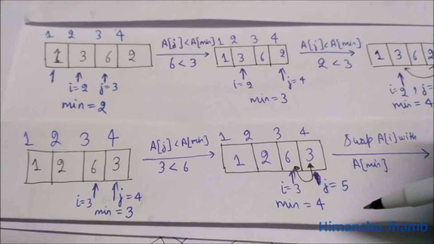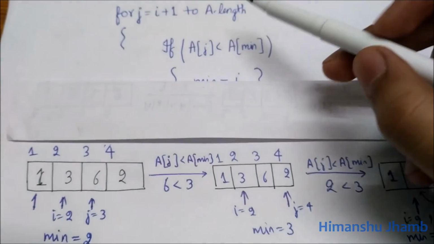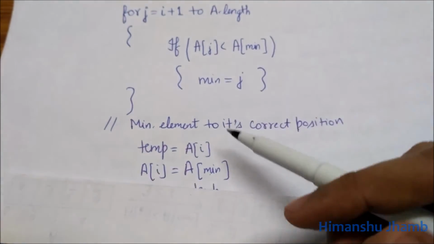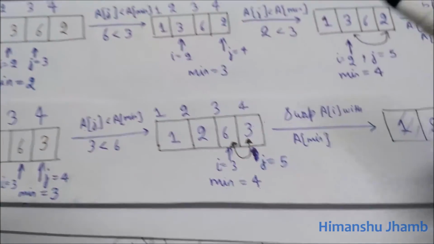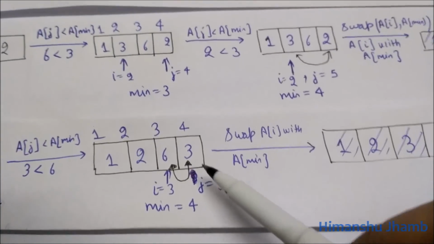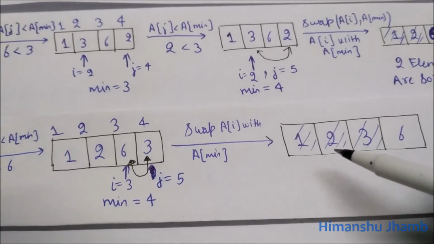Now j would be incremented to 5, and the condition for the for loop is not met. So we break out of this loop, and we swap the elements a[i] and a[minimum]. So we would swap 3 and 6. This is how our new array would look.